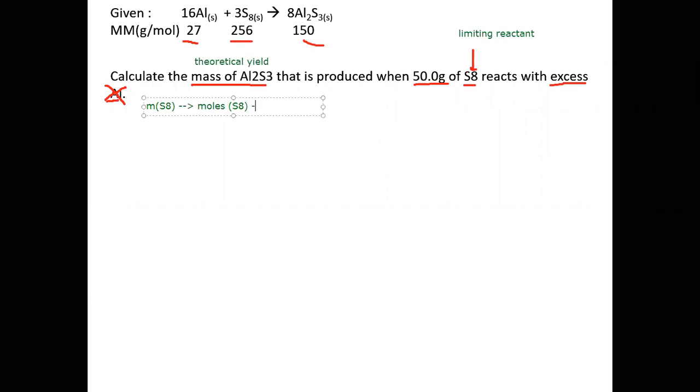And once we get moles of sulfur, then we're going to use the chemical equation to convert it to moles of aluminum sulfide. Once we have moles of aluminum sulfide, then we convert it to mass of aluminum sulfide. So these are the steps we're going to do. So now I'm going to draw my train tracks.